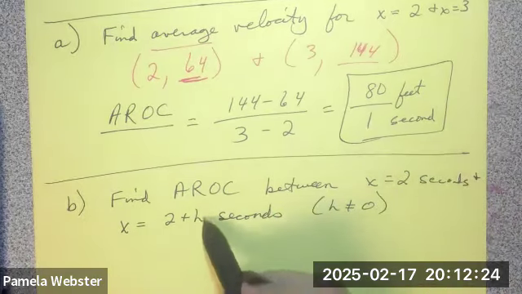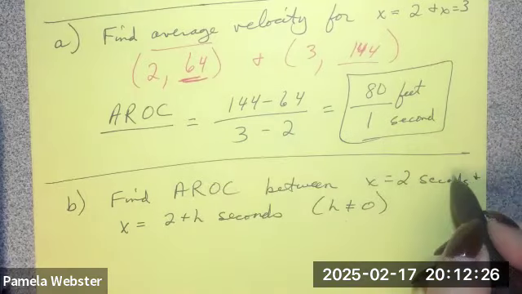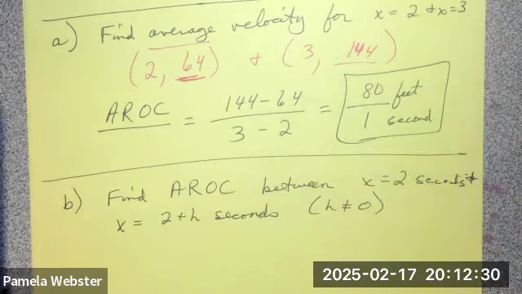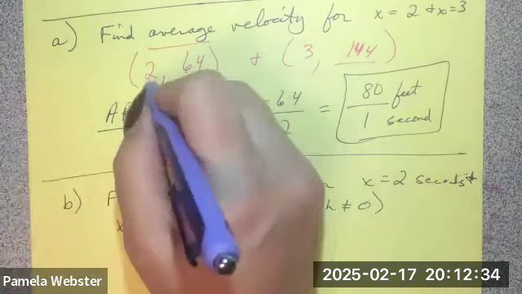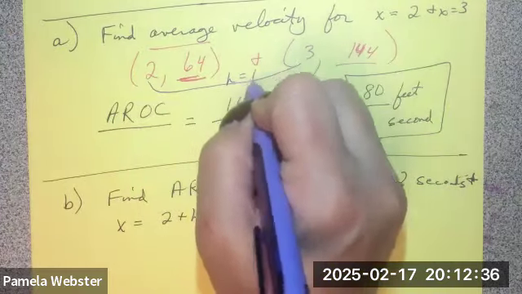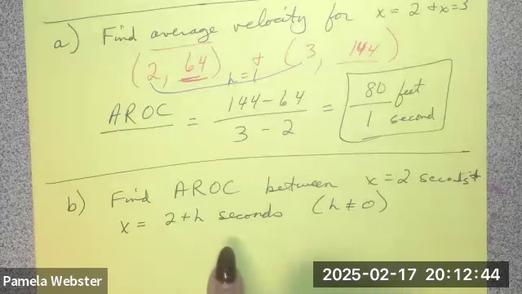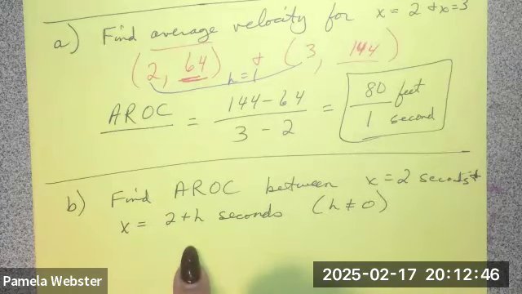It can't be 0 because if it was 0, we'd have 2, right? And then we'd have the instant rate of change. Okay. So in the case we just did, what was my h? Remember, that's the gap. The h here was a 1. Okay. So they're saying instead of finding the difference of just 1 here, they want me to find a generic difference of h. Okay. So we can do that.